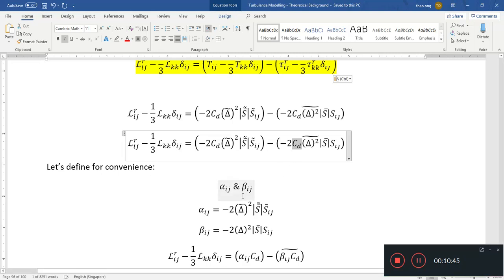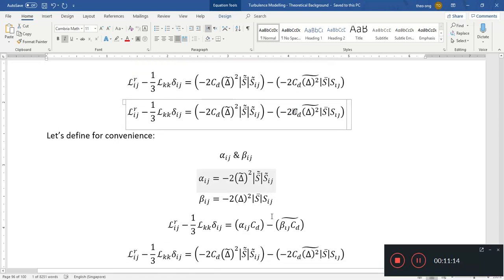To isolate the CD, sometimes it's easier to compress these two into something neater. So alpha ij equals this messy thing over here, beta ij equals this messy thing over here, where alpha ij is everything in Tij except for the CD part. Likewise, beta ij is everything in here except for the CD part. I'm just taking the CD part out so that it's easier for us to see and deal with.